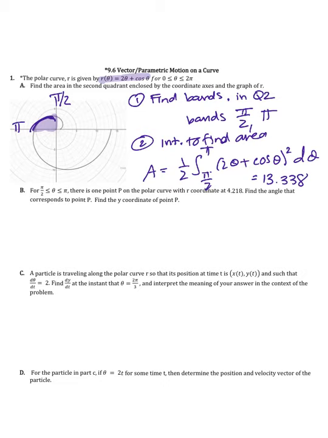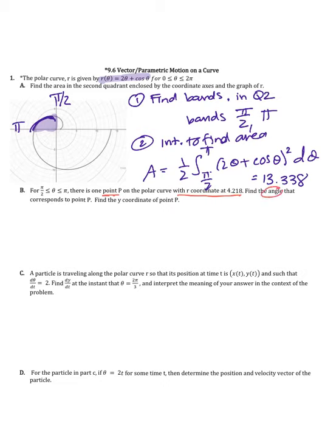All right, let's go ahead and look at number 2. In the quadrant for theta between pi over 2 and pi, there is 1 point P on the curve with the r coordinate 4.218.